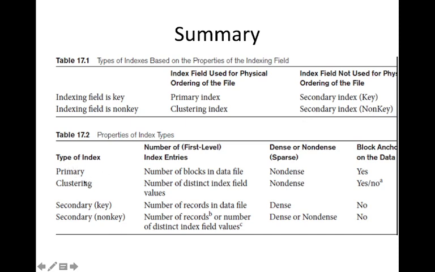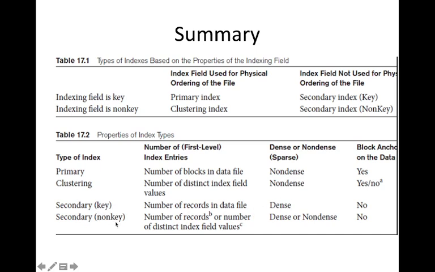In primary indexing, the number of index entries equals the number of blocks in the data file. It is non-dense, and block anchors will be there. In the case of clustering, it is the number of distinct index field values. Clustering is based on something like department number. So it is also non-dense. Then the secondary key, based on a key, has the number of records in the data file, and it is dense.